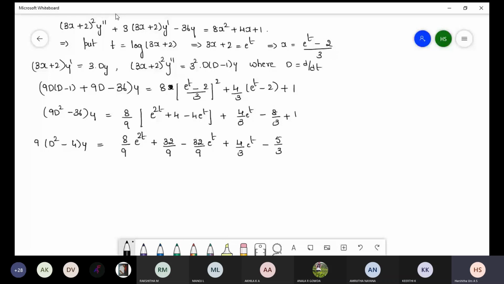Now I will transfer it to the next line. I will just write the auxiliary equation: m² − 4 = 0. So m = ±2.